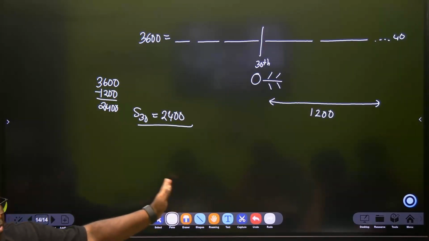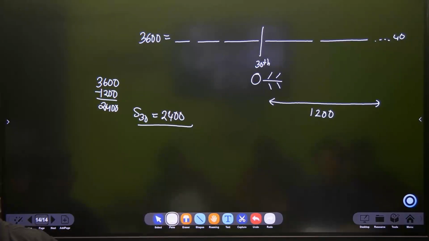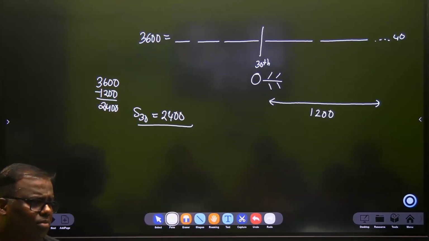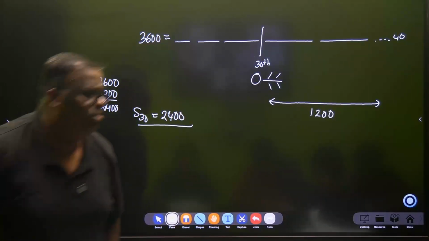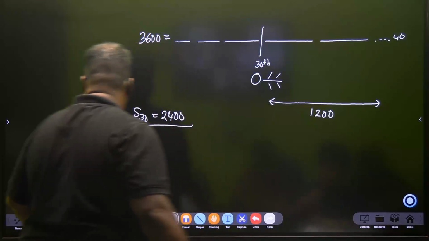Did you understand? Let me explain again. What is the big deal? I have taken 3600 from you, and I have to return this in 40 installments, in the form of an AP.